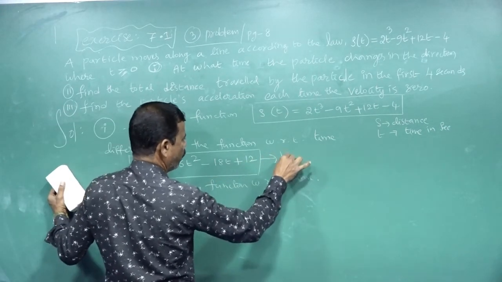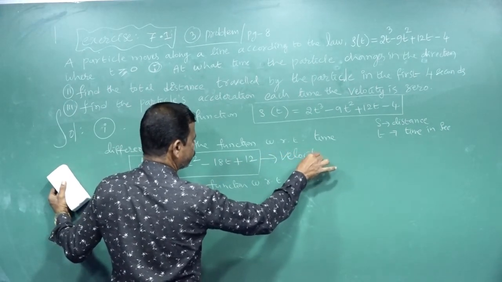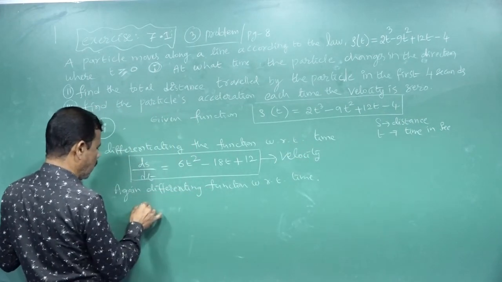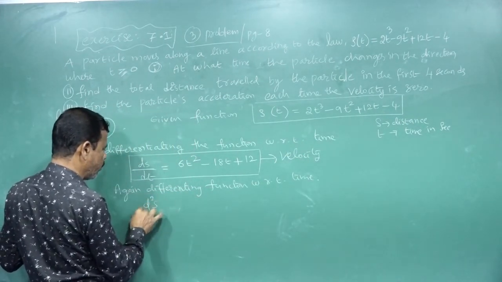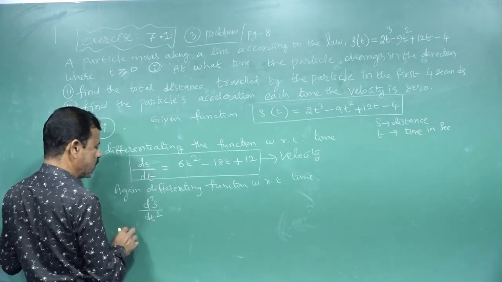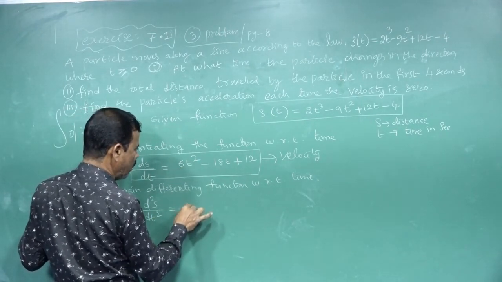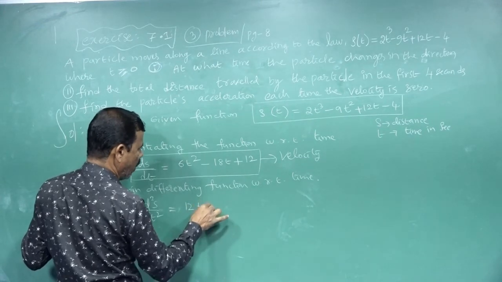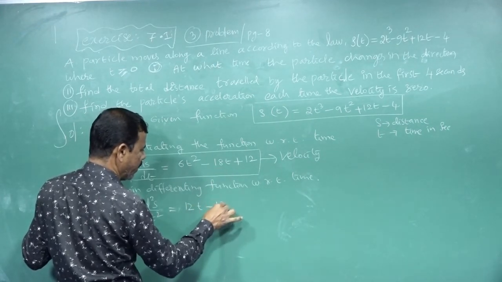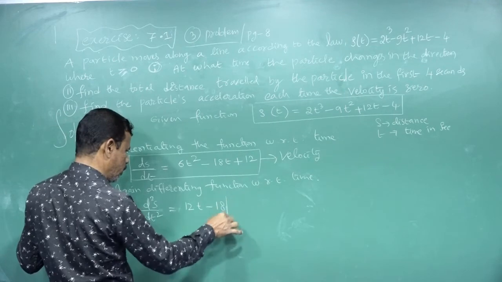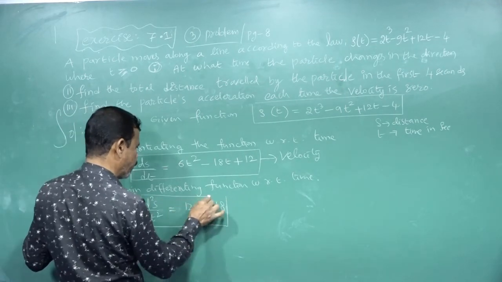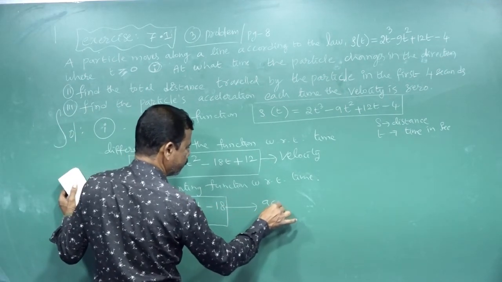This is the velocity. d square s by dt square is the acceleration, the second derivative: 6 into 2, 12t, minus 18, the derivative of 18t is 18 only, and the constant is 0. This is the second differentiation, called acceleration.